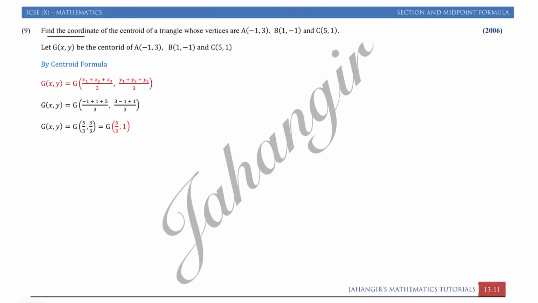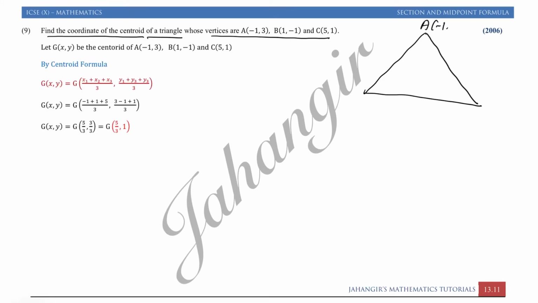Question number 9. Find the coordinates of the centroid of a triangle whose vertices are given. So let us write vertices A, B and C. A is minus 1 comma 3, B is 1 comma minus 1, C is 5 comma 1. Centroid we will say as G. Let G be the centroid of A, B and C. Write down this statement.